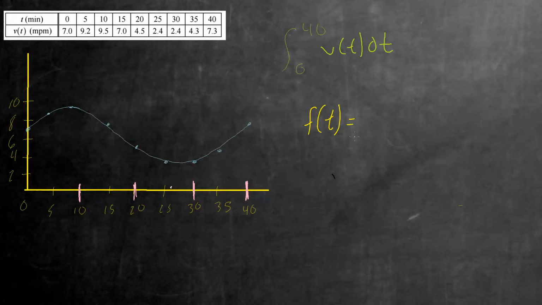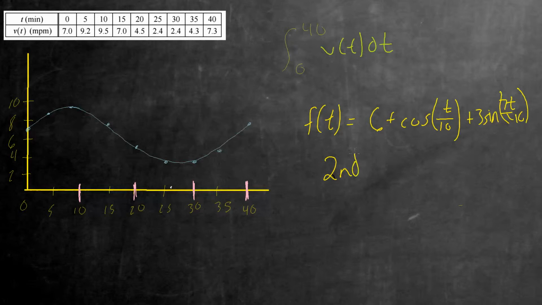So I would just plug that into my calculator in radian mode. And I would second calculate dx dt at the value of 23.